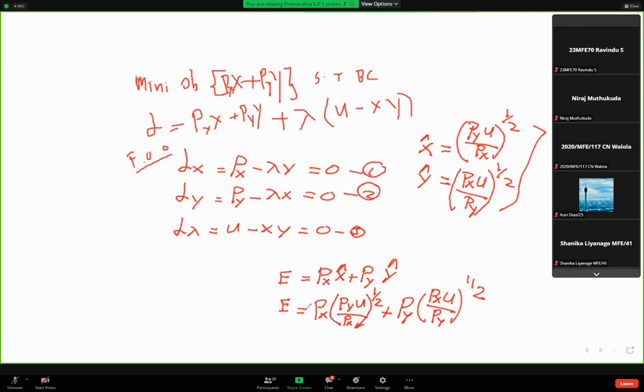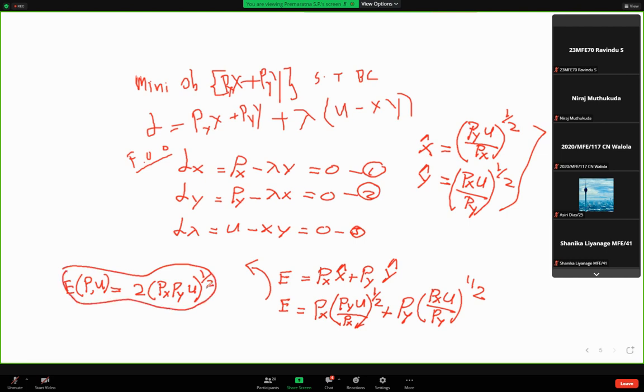To simplify this one, I'll do it here. And then the expenditure function you get is a function of p and u: two times px to the power one half, py to the power one half, u to the power one half. So this expenditure function.